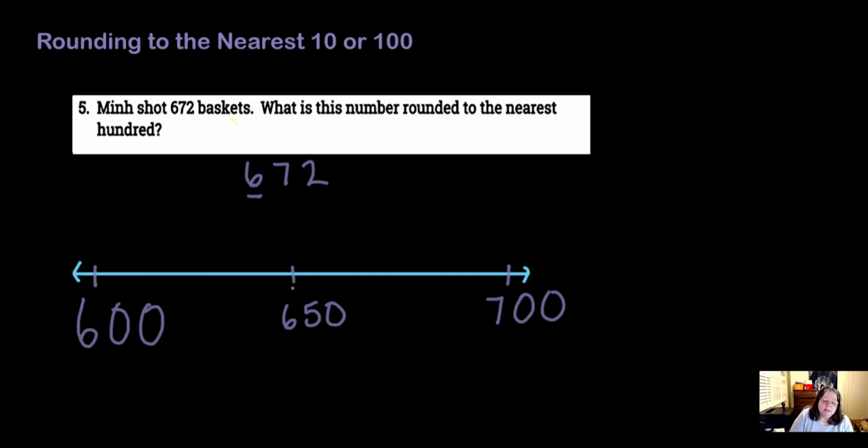So anything 650 and above is going to round to 700. Anything below 650 would round down to 600. So where would 672 fall on this? Well, if here's 650, what's the next 10? 660, 670, 680, 690, 700.